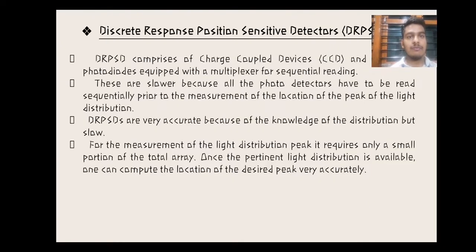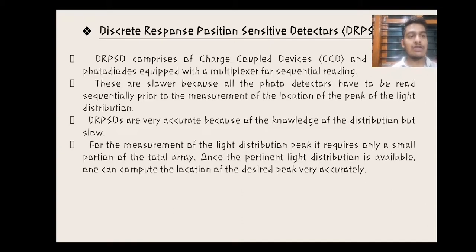Discrete response position sensitive detectors, DRPSD. DRPSD comprises charge coupled devices and photodiodes equipped with a multiplexer for sequential reading. CRPSD are very accurate because of the knowledge of the distribution, but working is slow. For the measurement of light distribution, the peak requires only a small portion of the total array.